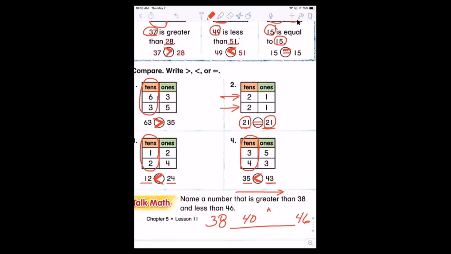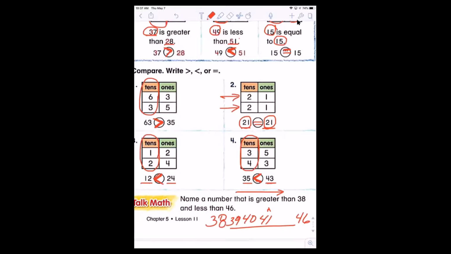Dylan. 39. 39, very good. 39 could be between there. 40. What other numbers? 41. Between, Milan? 41.